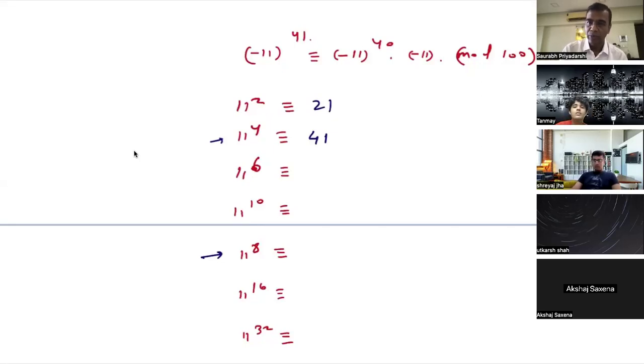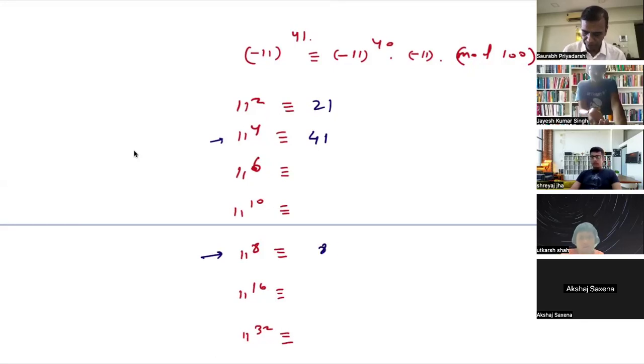What 41 square are you getting? 81. 81, right? And what is the square of this? 61. 61, and this will be, again, 21.